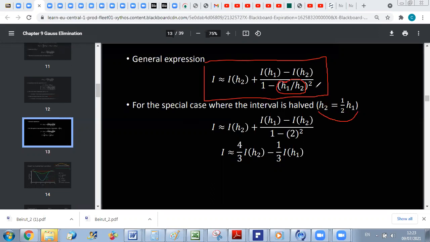So in case I am doubling the segments, the relation between I(H2) and I(H1) will be the following one. I is equal to I(H2) plus [I(H2) minus I(H1)] over [2 squared minus 1], which gives, after expansion, 4 over 3 times I(H2) minus 1 over 3 times I(H1).